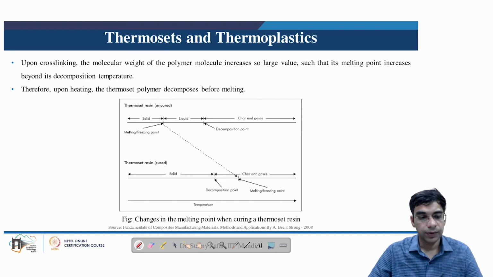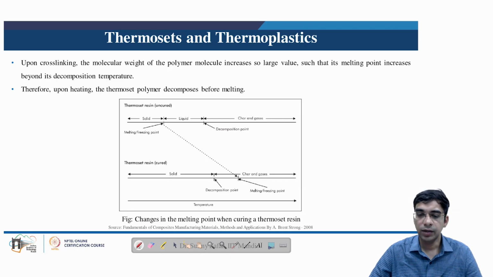In the case of crosslinking, the molecular weight of the polymer molecule increases to such a large value that the melting point increases beyond the decomposition range. That is why, as curing or polymerization continues and more crosslinks are developed, the polymeric chain becomes so long and so entangled with more and more monomers added.